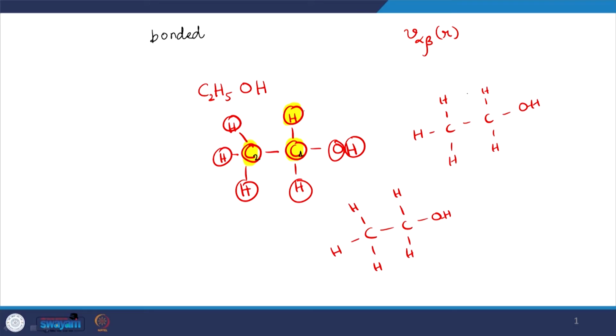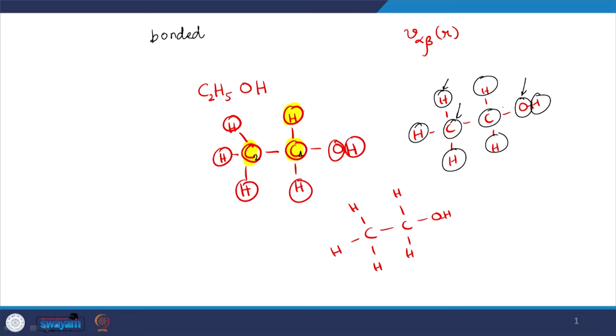Now, this hydrogen also interacts with the hydrogen, the carbon and the oxygen of the other ethanol molecules. If you look at those atoms in the other molecules, the black ones here, this hydrogen interacts with all the atoms in all the molecules, and there is no bond in between them.